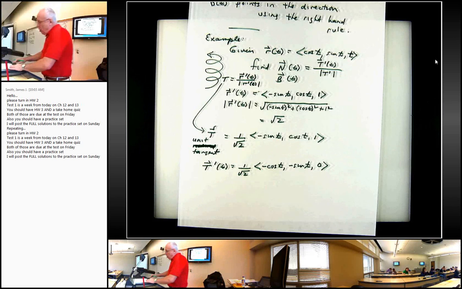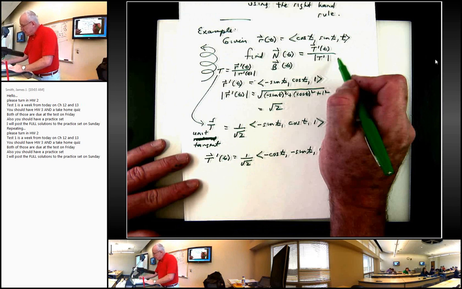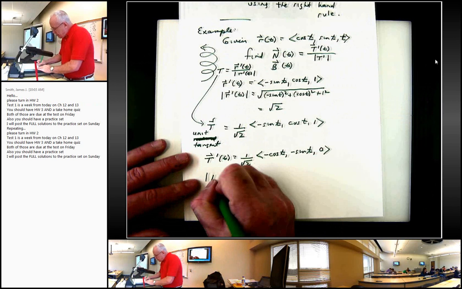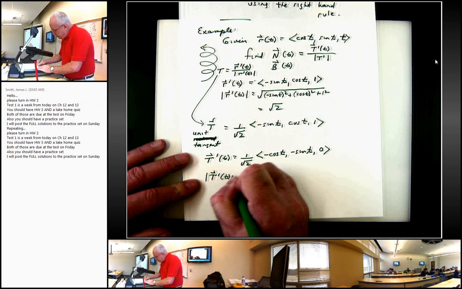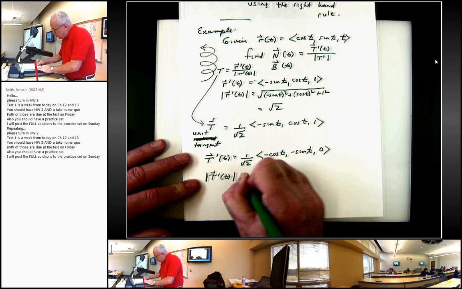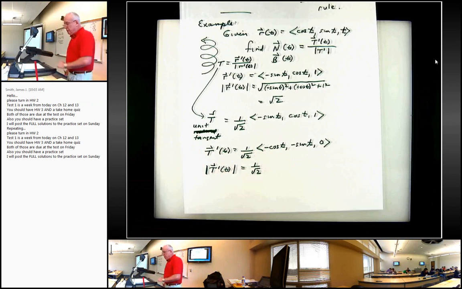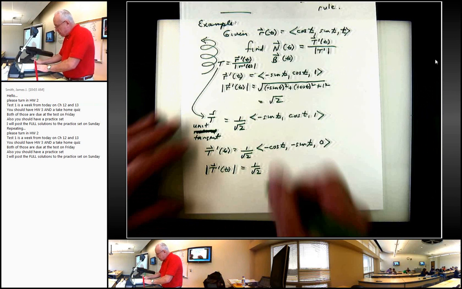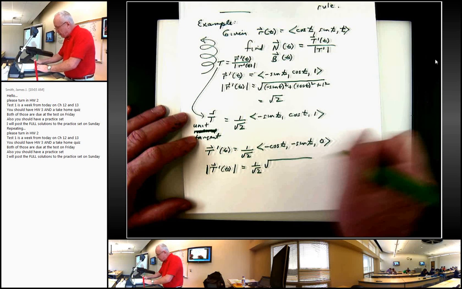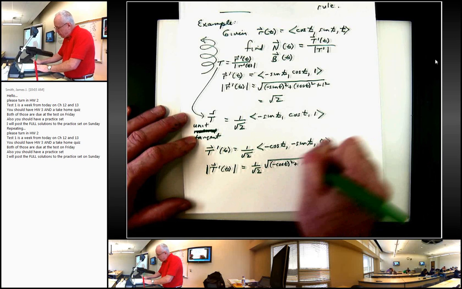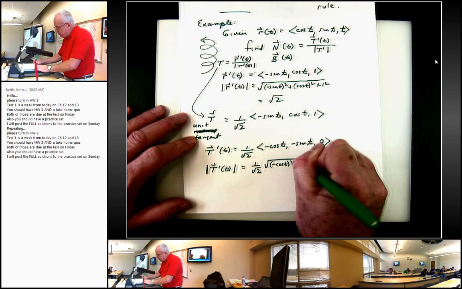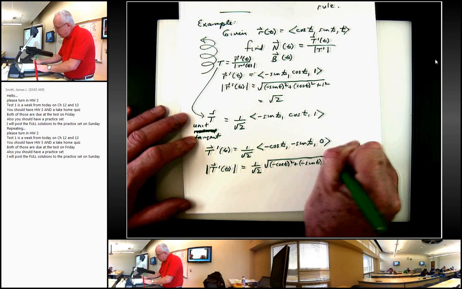And we are also going to need to get its magnitude. So the magnitude of T prime is going to be 1 over the square root of 2. We're going to keep that times the square root of the squares of the components. So negative cosine t squared plus negative sine t squared plus 0 squared.